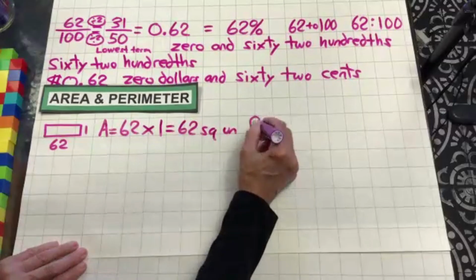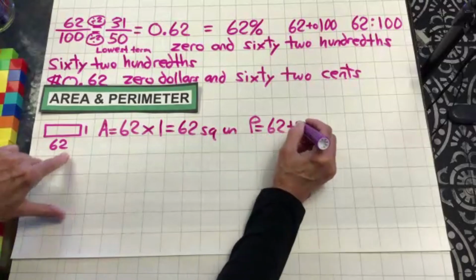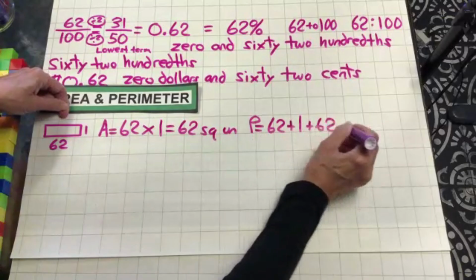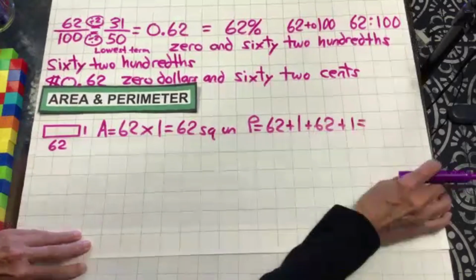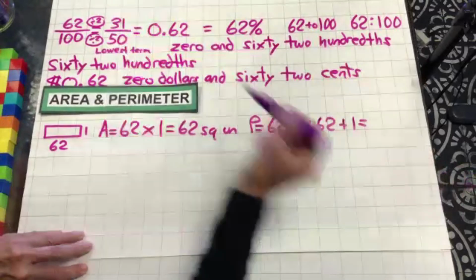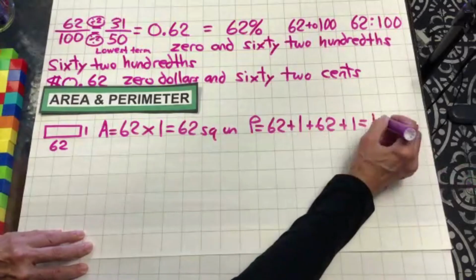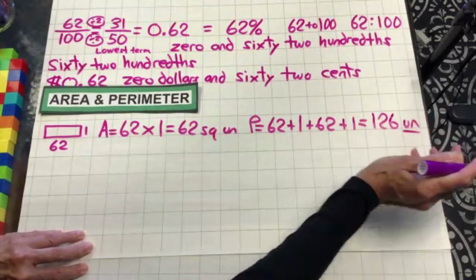Now our perimeter is just adding up the sides. So we have a 62 plus a 1 plus a 62 plus a 1. And so we know 62 plus 62, 2 62s from up in our multiples is 124, 125, 126. Adding those up real quick, and those are just units.